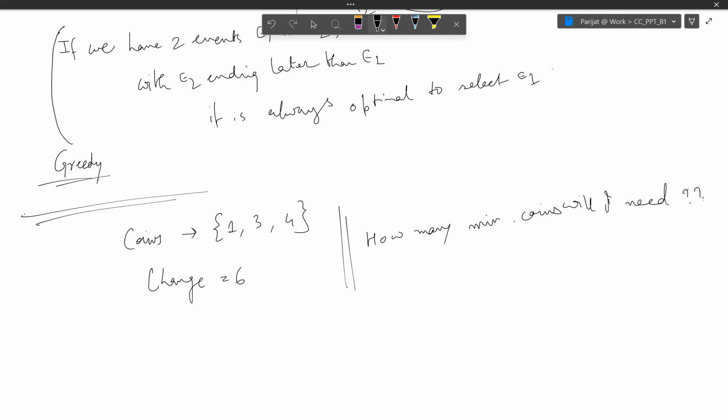Okay, so I have different coins and I have to give change for some amount. I have infinite number of coins of each type. So how many different coins will I need?